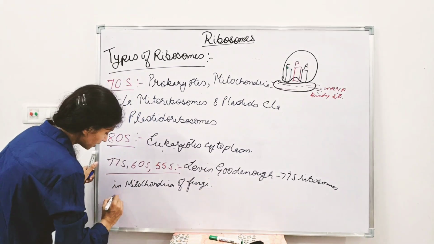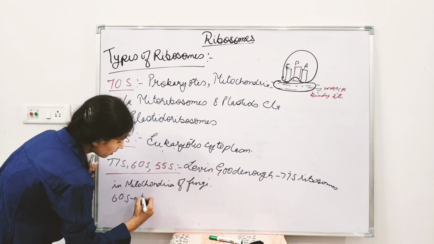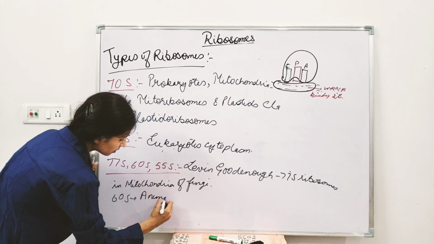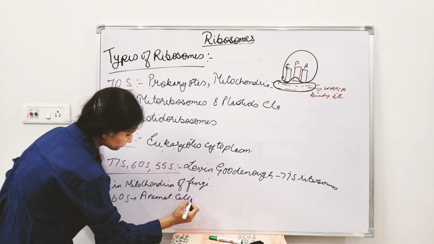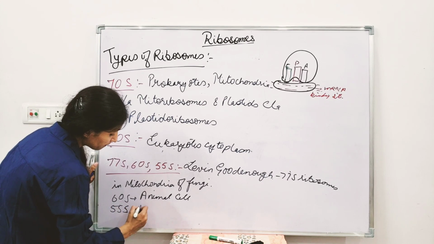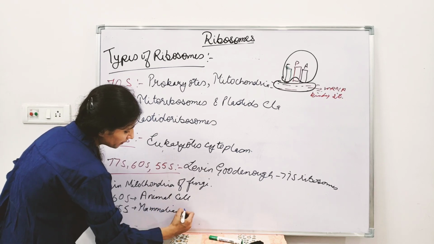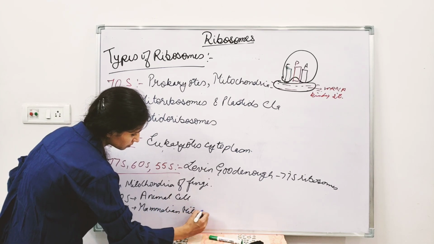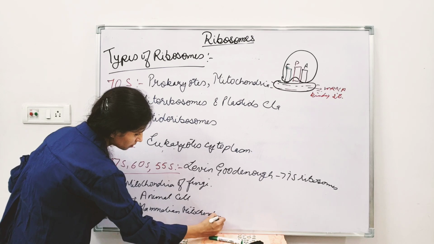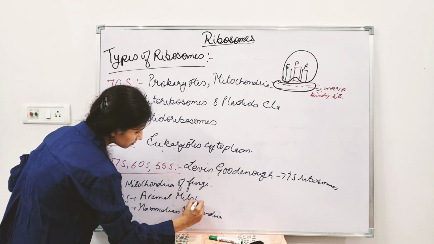Whereas the 60S ribosome is found in animal cells, and the 55S ribosome you will find in mammalian mitochondria, that is, in animal mitochondria.